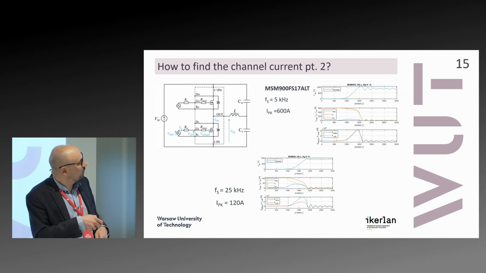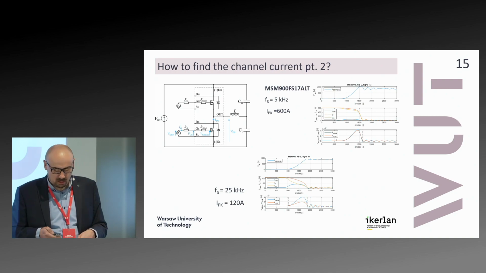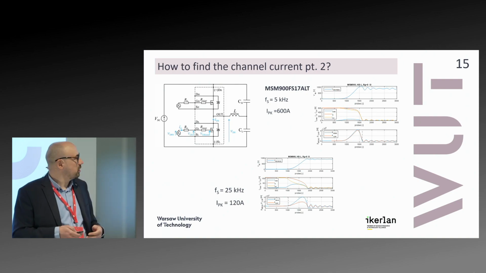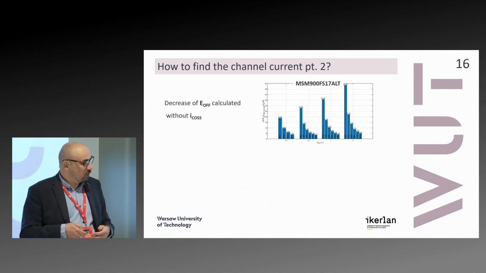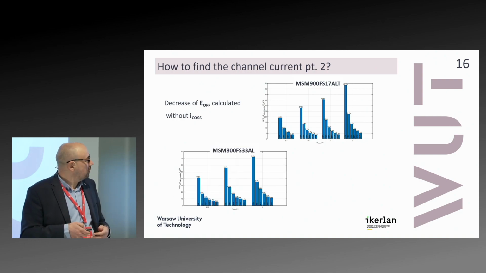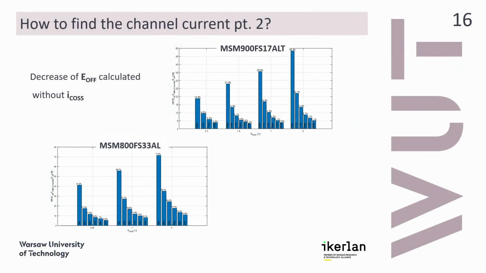For higher current, of course, it is lower. So we've done a number of tests again, for the 900 amp module and also for the 800 amp 3.3 kV module, and you can see the difference between the energy calculated in the regular way from the drain current and the energy calculated from the channel current.